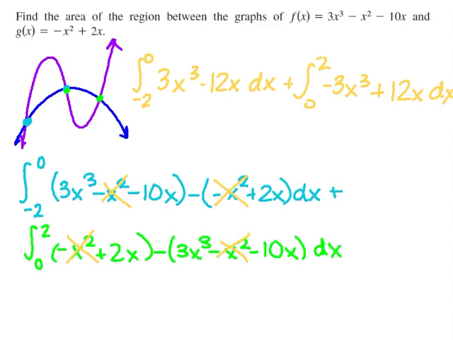So now let's integrate. Here we get 3x to the 4th over 4 minus 6x squared. You're going to evaluate that from 0 to -2.